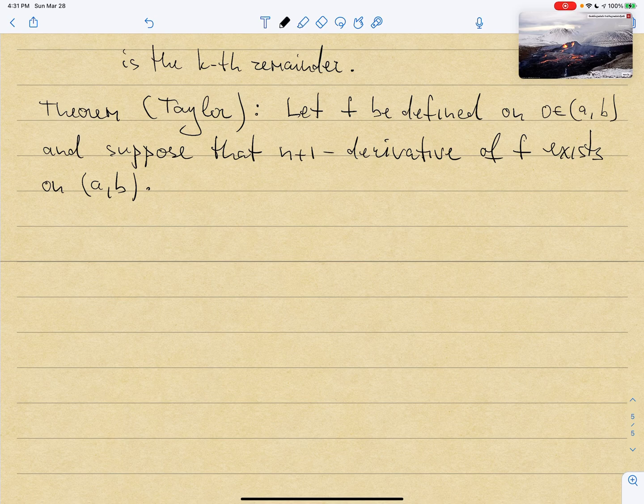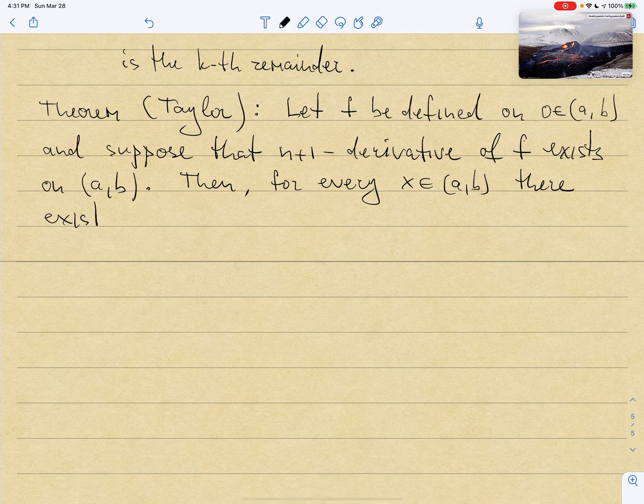So then for every x in AB, there exists a y in the interval from, I'm going to write from 0 to x, assuming that x is positive, but x can be negative, and it is going to be from x to 0.